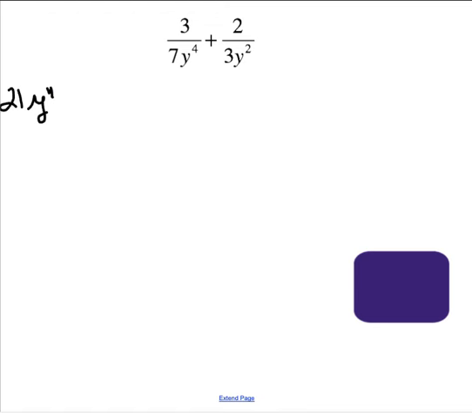So, the first fraction, to get the denominator equal to 21y to the 4th, I'm going to have to multiply by 3. On the top, in order to get 3y squared to 21y to the 4th, I have to multiply by y squared. 7y squared, sorry about that.